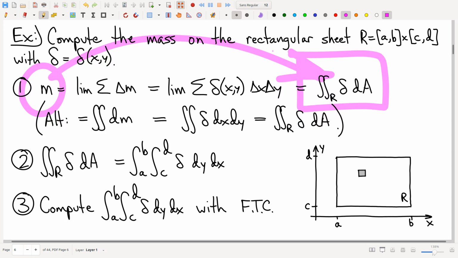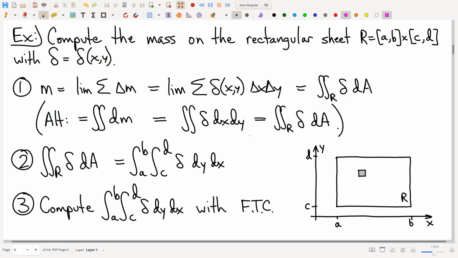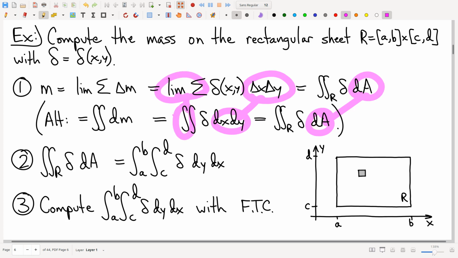Now, before we go on to step 2, I'll point out the alternative notation. You can see this coming at the very end. This is just going to turn into that. The integral notation and the Riemann sum notation track pretty directly, and that's really what integral notation's for in the first place.